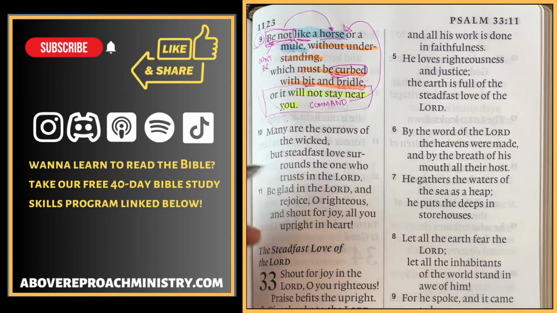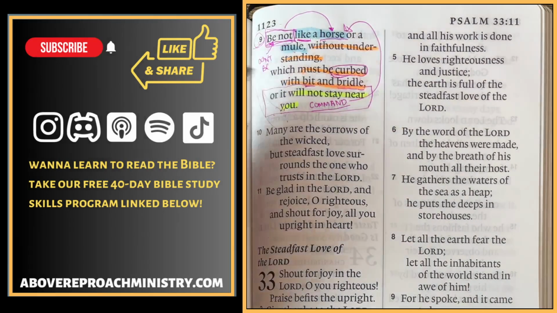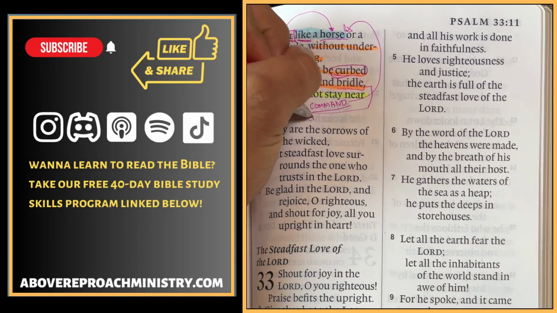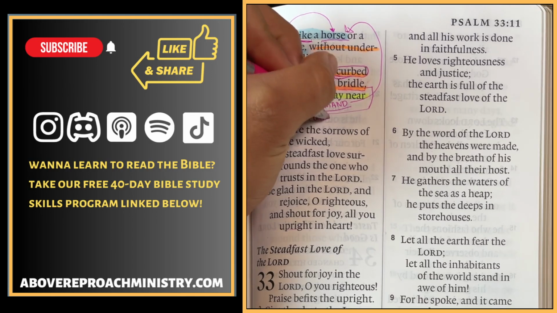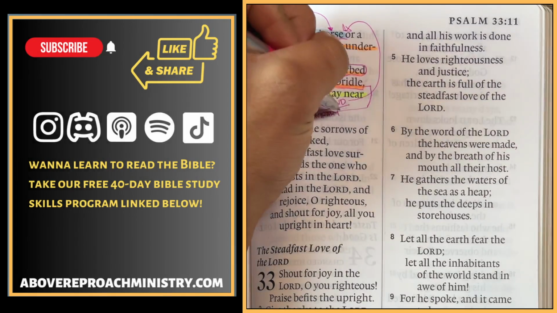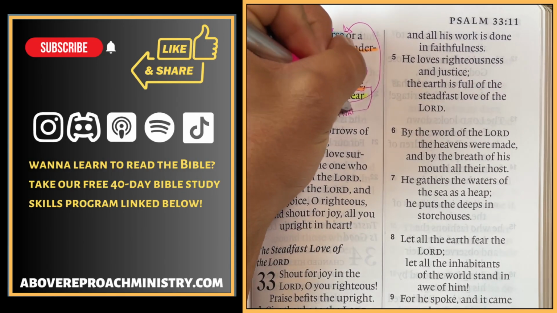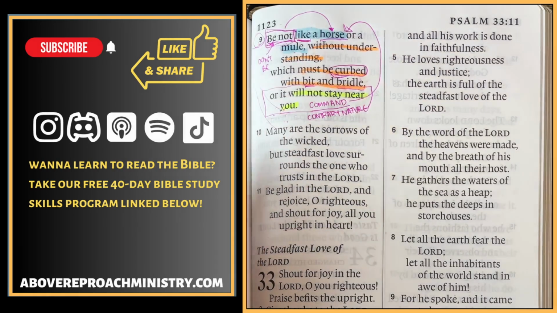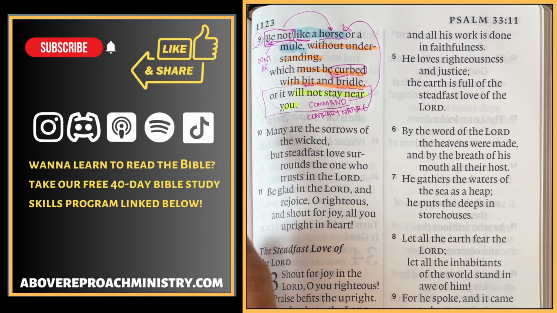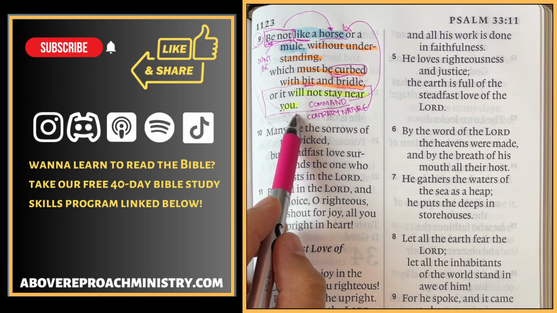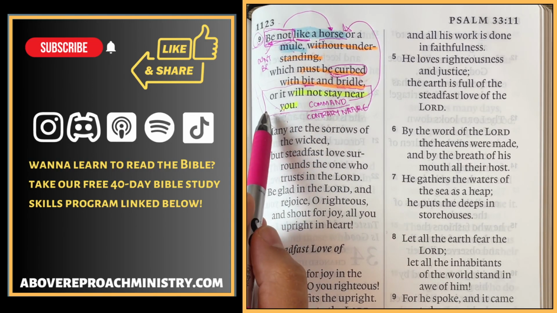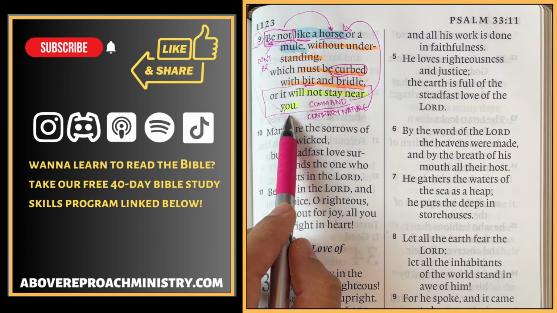On the part of the owner, they have a command they're trying to get. But the horse or the mule has a contrary nature to that. So it has to be, what? Trained. It's not instinctively going to do that. It has to be curbed with bit or bridle. And David's saying, don't be that. Be someone that actually has a nature or a heart that's consistent with the teaching and the instruction I'm trying to give you.